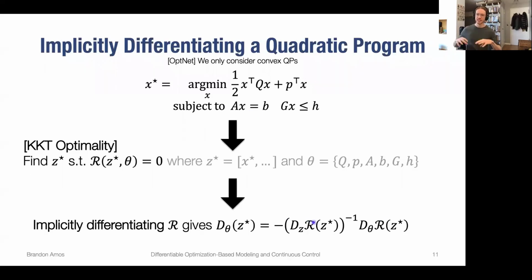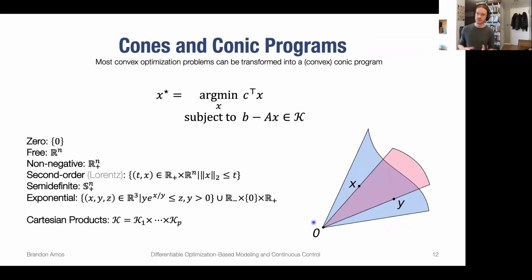And now generalizing beyond this class of quadratic programs, because not every problem is a quadratic problem, it's definitely worth thinking about how to differentiate through more complex optimization procedures, and long term, even non-convex optimization procedures or certain other more general classes. The only generalization I'll show in this talk is on conic programs, which subsume a lot of convex optimization problems.